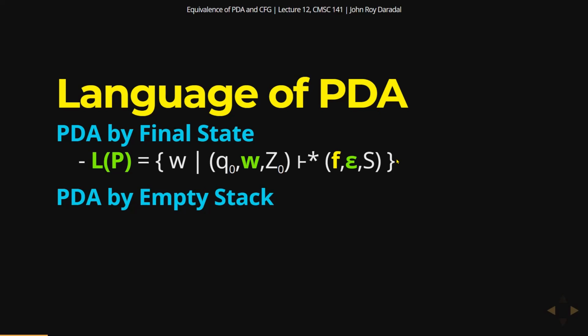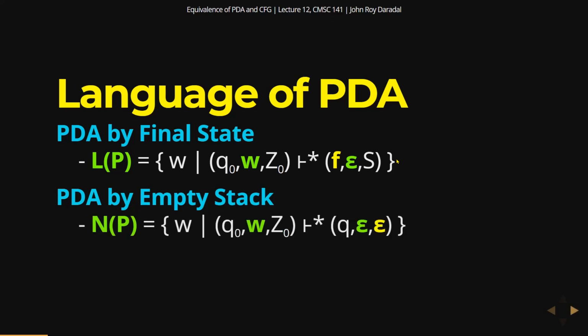On the other hand, PDA by empty stack is defined as follows. N of P, or the null stack language, is the set of strings W such that, again, if you start with the same instantaneous description, at the start state Q sub 0 with the string W and the start symbol for the stack Z sub 0, it eventually goes, in 0 or more steps, to some state Q. We don't know or care what that state is, as long as we finished processing the input string.